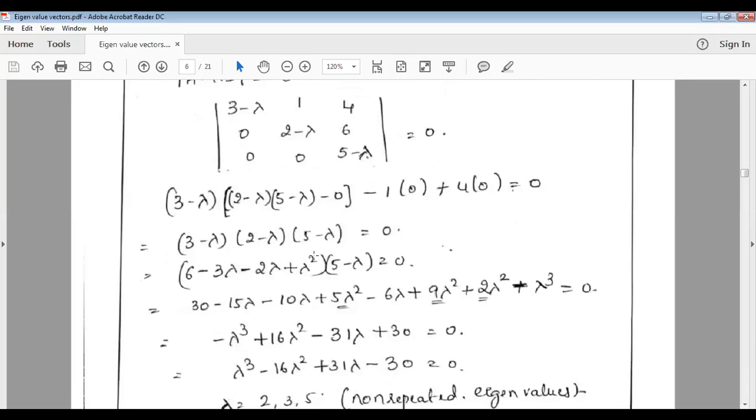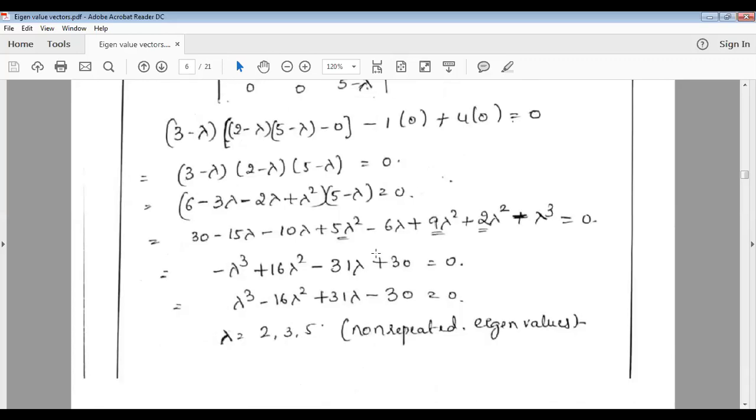Then I multiply that quadratic equation with the third factor, and you can see that the final equation comes as an equation in the power of 3 for lambda. So we'll have lambda cube minus 16 lambda square plus 31 lambda minus 30 equal to 0. And once you find the factors of this, you'll see that lambda comes to 2, 3, and 5.